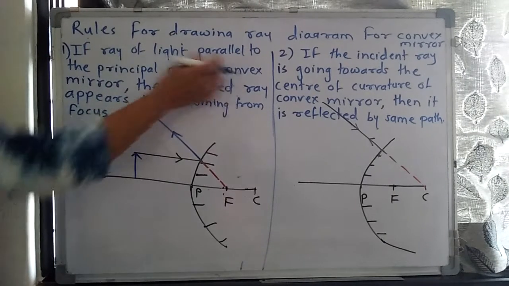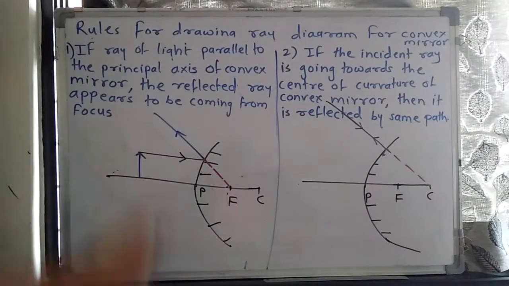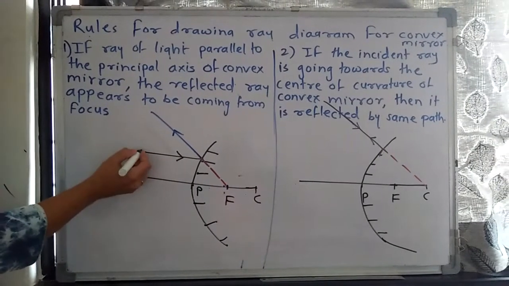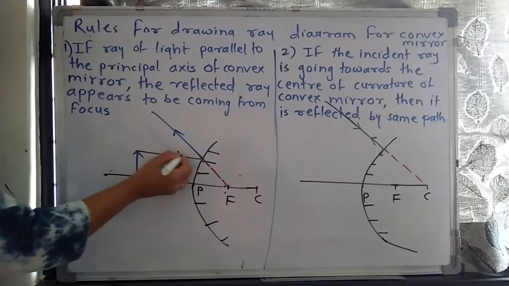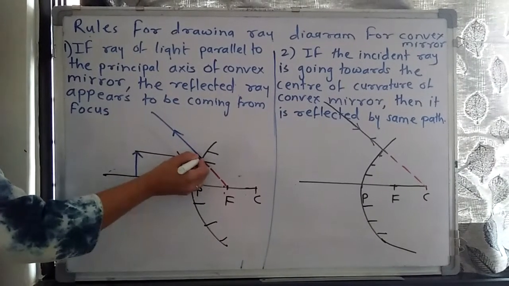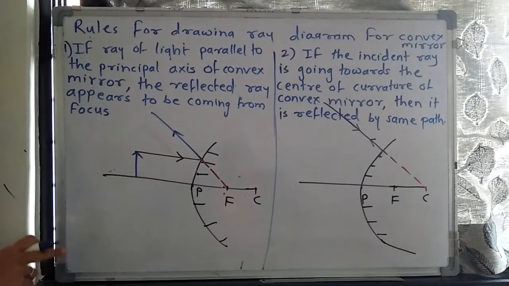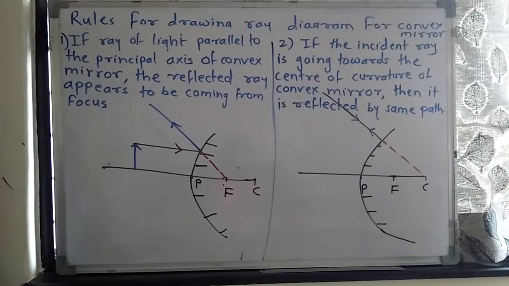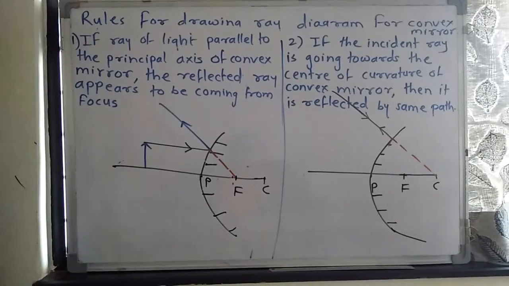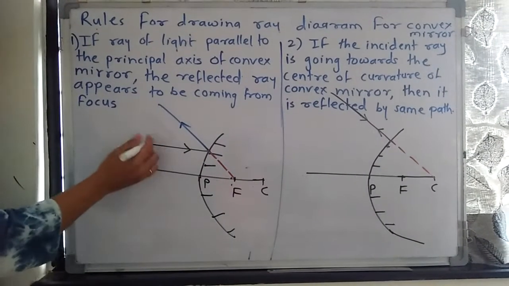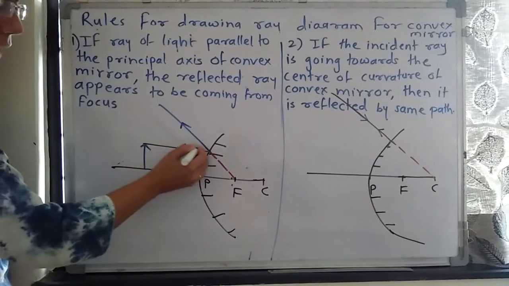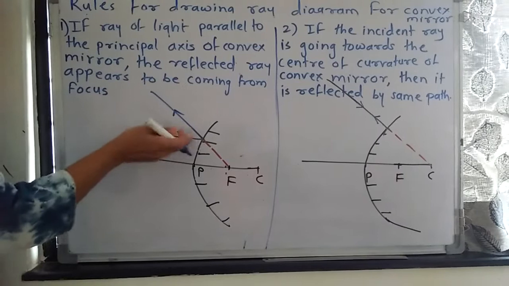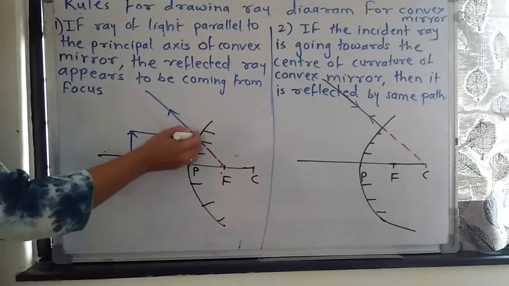If the ray of light is parallel to the principal axis of convex mirror, so this is the first ray parallel to the principal axis, and we know that the convex mirror is a diverging mirror. Diverging mirror means the ray will go away. It will not converge, it will get diverged. So this is the first ray parallel to the principal axis, and after reflection it gets diverged. Okay, so it will not go inside the mirror, it will get diverged.